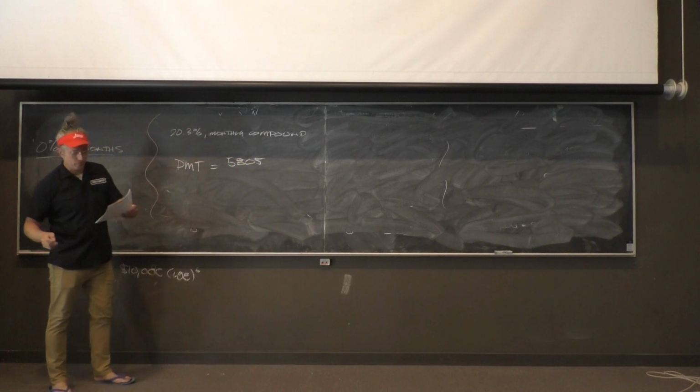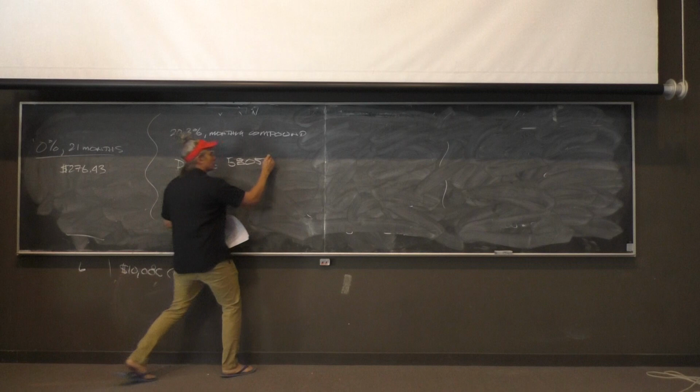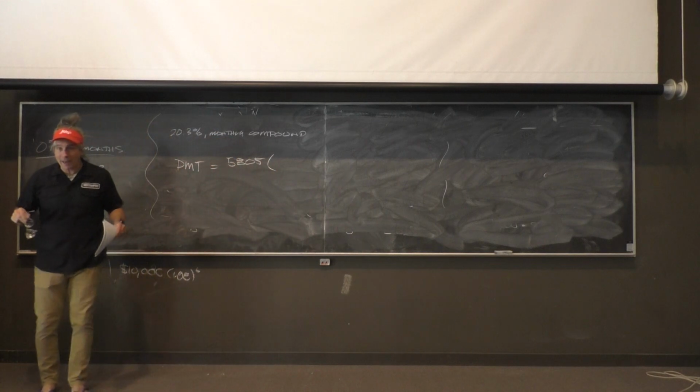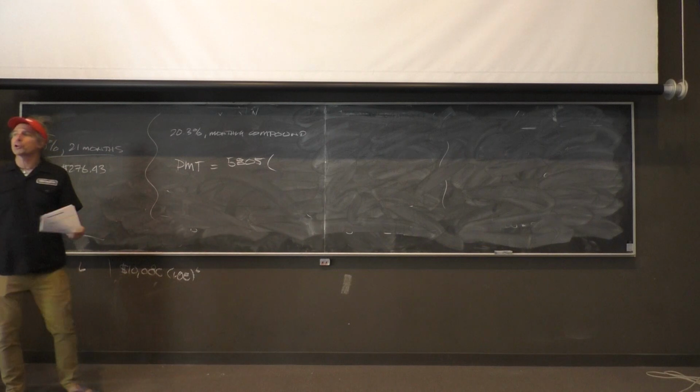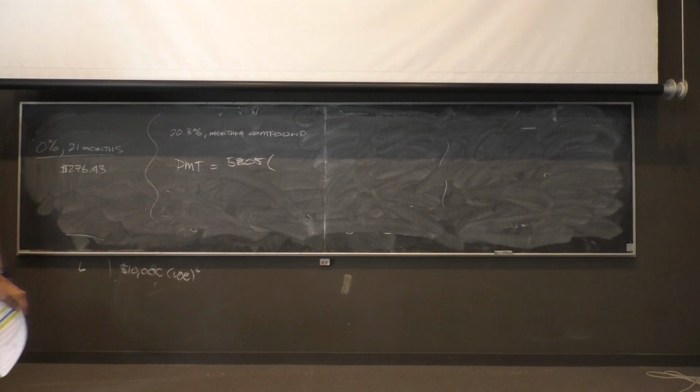Times APR over N, here comes, it's in the numerator of this fraction, which hopefully makes sense, because it was in the denominator of the other one. This should all be clicking. So that's going to be the 0.203, that's 20.3%, right, y'all?